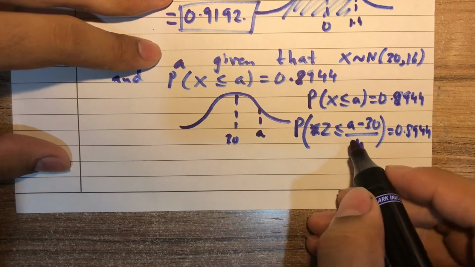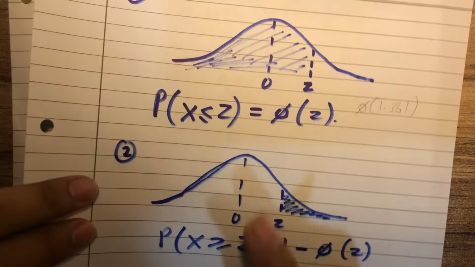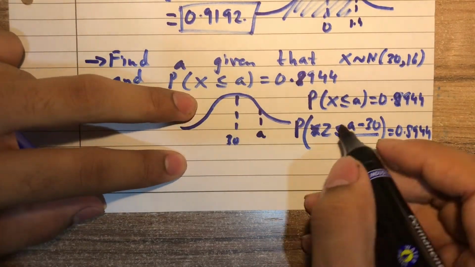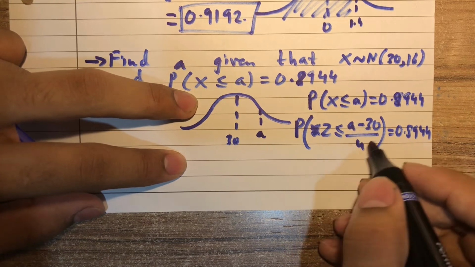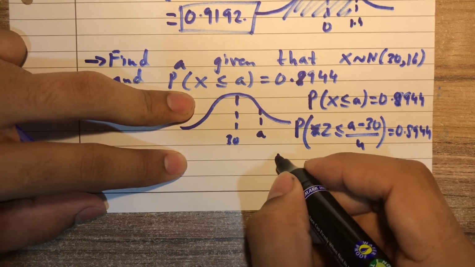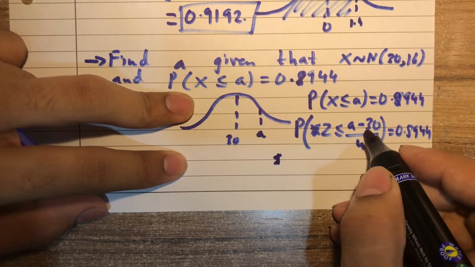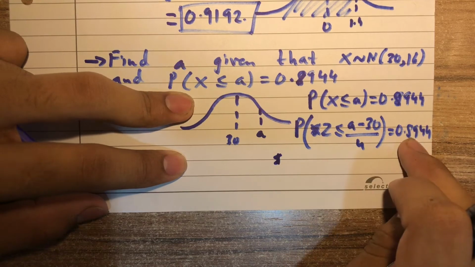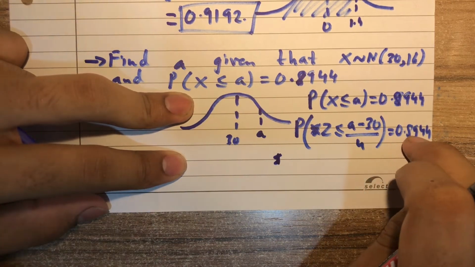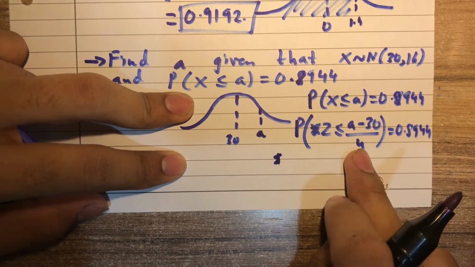So because this is the first case, basically how we'll deal with it is that we know that at this value, if we go to the table, then we would get this probability. So what we'll do is we'll use this probability to get the value at which we have this probability. We'll equate that with this to find A.